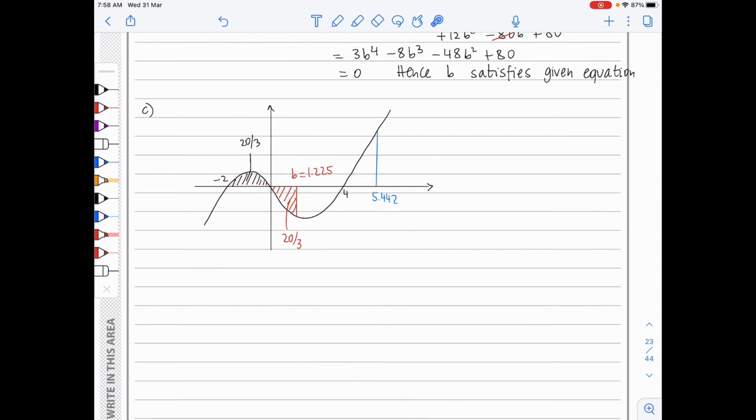So what we need to say is that between x is -2 and x is 5.442, the area above the x-axis is equal to the area below the x-axis.